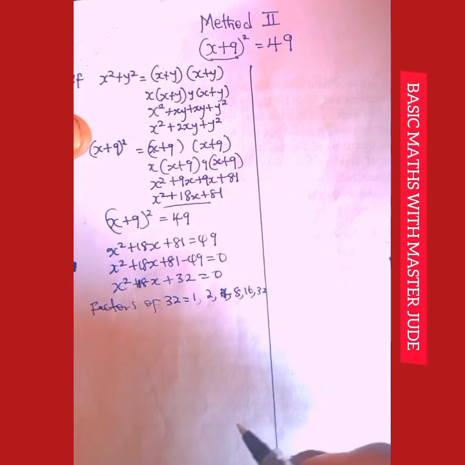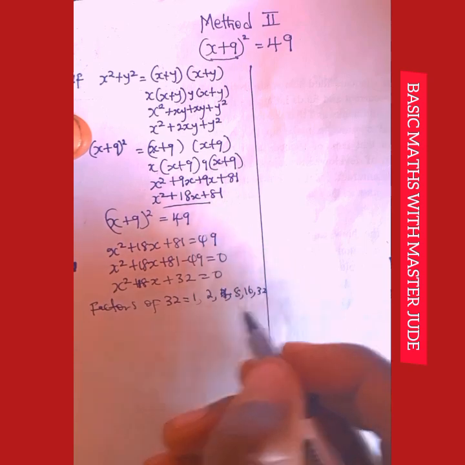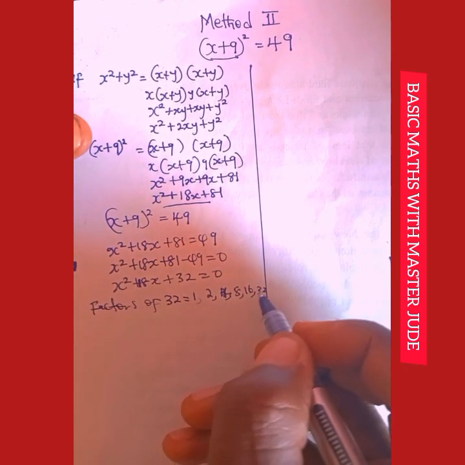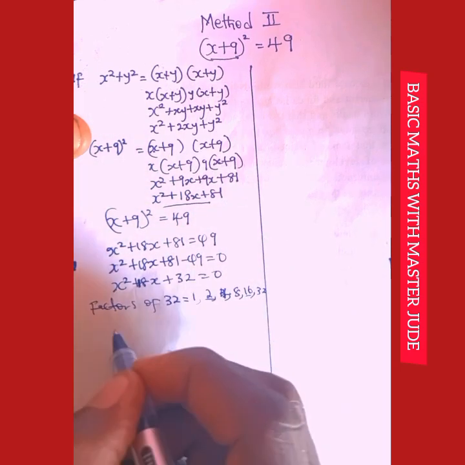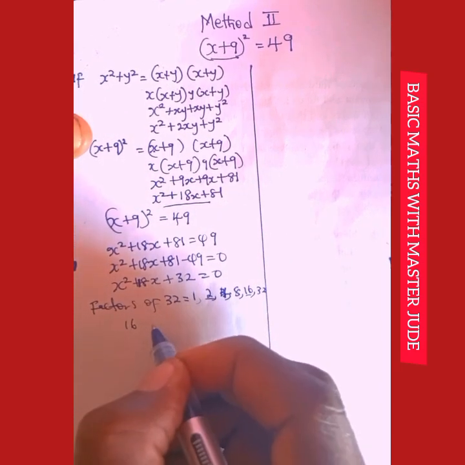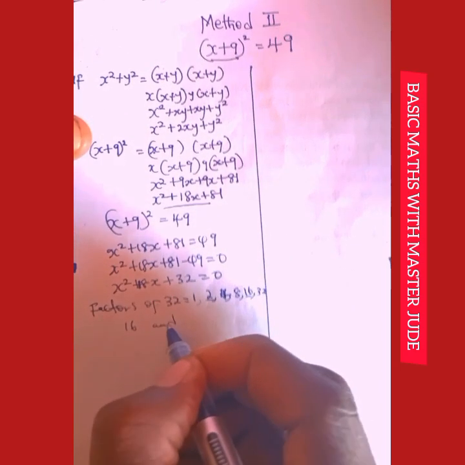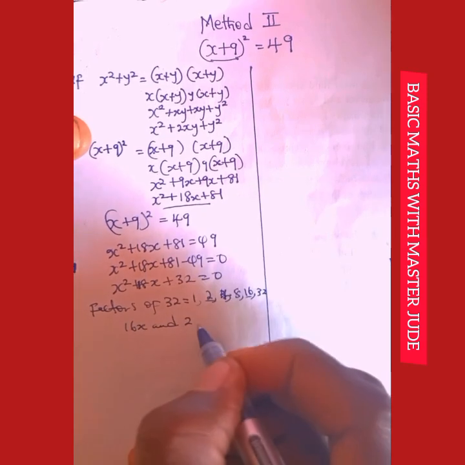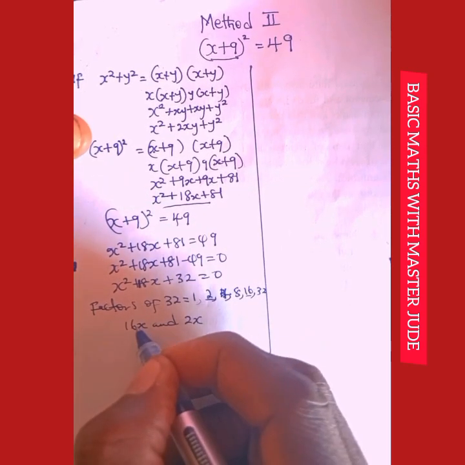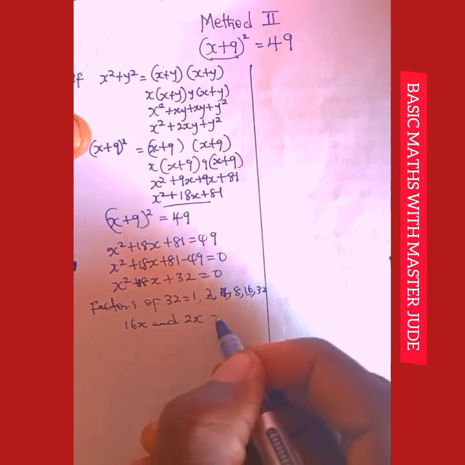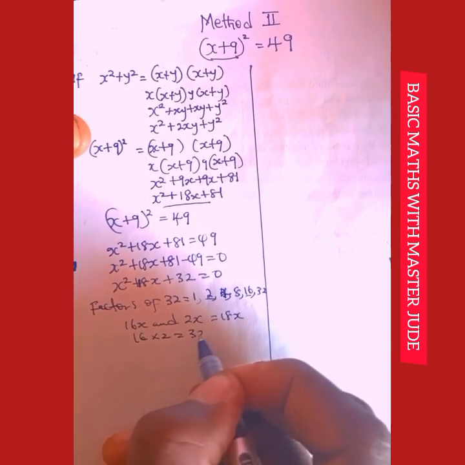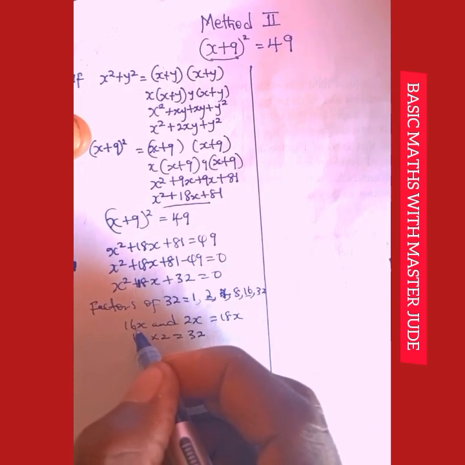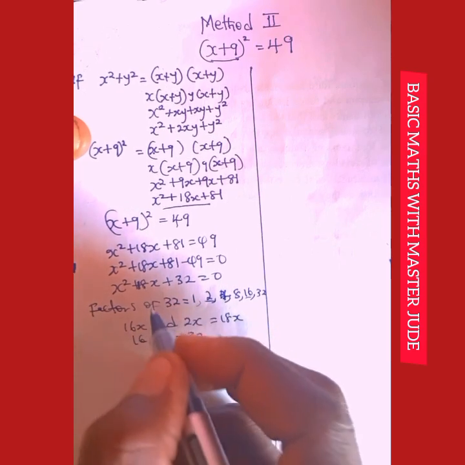So we'll pick any two numbers that, if we add, will give us 18, and if we multiply, will give us 32. So we are picking 16 and 2. 16x plus 2x gives me 18x, and 16 multiplied by 2 gives me 32.